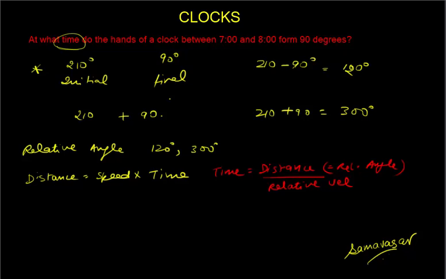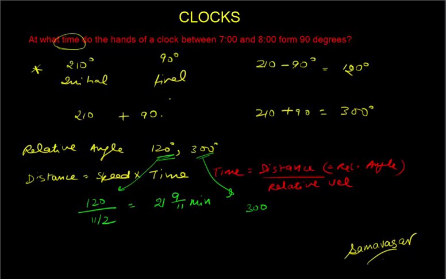So let me take this first: 120 divided by the relative velocity I told you, 11 by 2 degrees per minute. So when I solve this, I get 21.9 by 11 minutes.